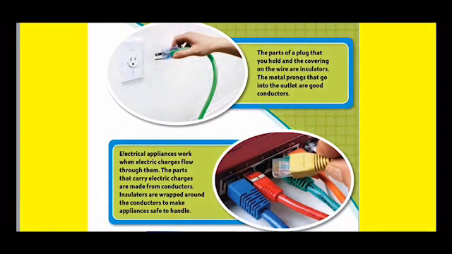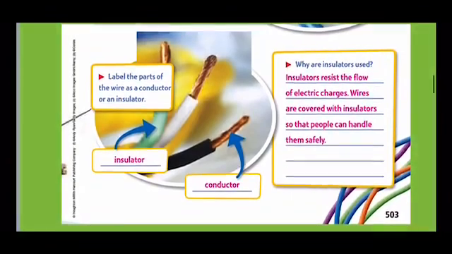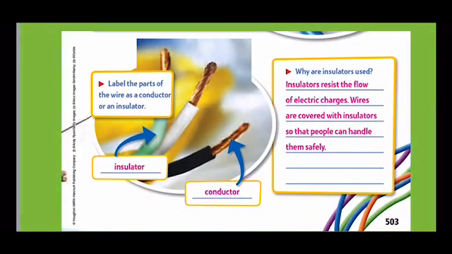All right? Now, I want you to do a small exercise about insulators and conductors. Label first the parts of the wire as a conductor or an insulator. I think this is too easy now for you. Then, why are insulators used?